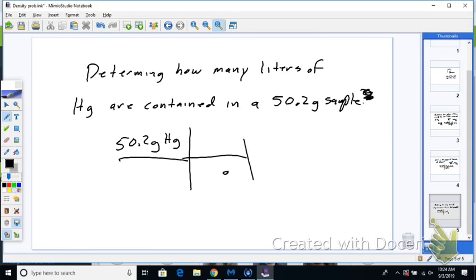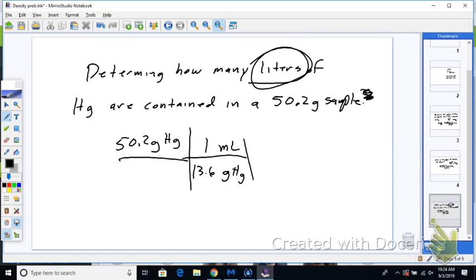Down here goes grams of mercury, and up here goes milliliters, or centimeters cubed, of mercury, but it'd be milliliters. So down here I would put the density of mercury, which is 13.6 grams to 1 milliliter. So the question is, how many liters?